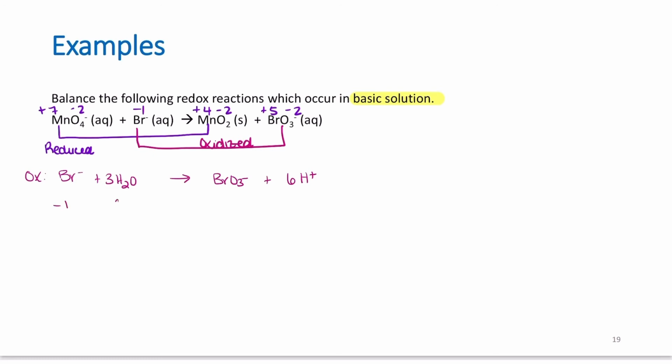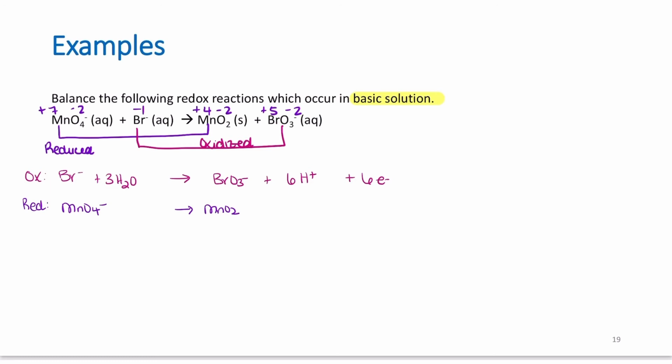Overall, this has a -1 and 0, so overall -1 charge. -1 here, plus 6, so an overall plus 5 charge. I need -1, so I'm going to say plus 6 electrons. And for the reduction reaction, MnO4- giving me MnO2.